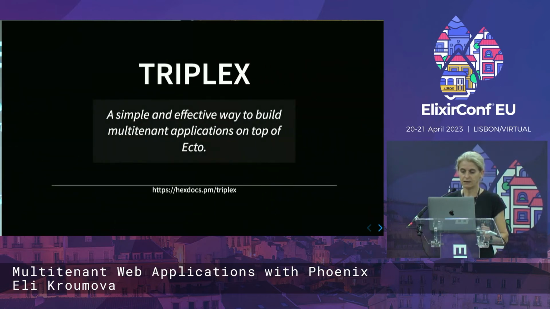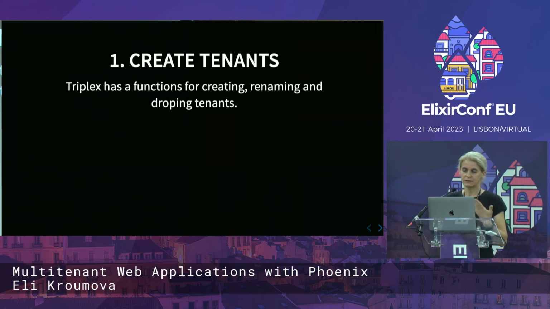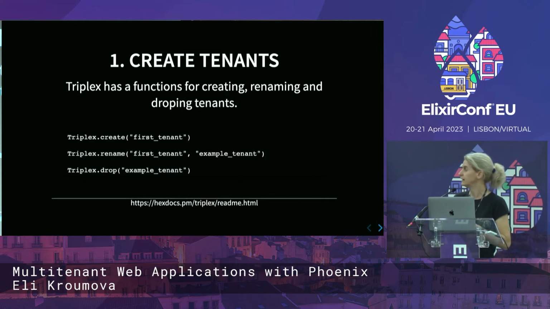So let's see how this can be implemented using the Triplex library. This is the definition of the Triplex library. This is the one that I have used in the project that we have developed. I think there is another one too, but I have no experience with it. So the Triplex library already provides us with all of the functions that are necessary for creating, renaming, or dropping tenants.